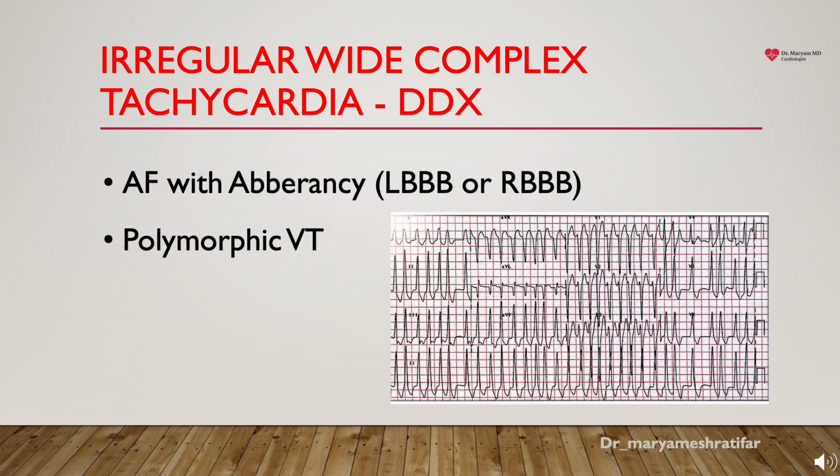This usually occurs in the presence of a bundle branch block, such as left bundle branch block or right bundle branch block. The best way to confirm this diagnosis is to have access to a baseline ECG showing a pre-existing bundle branch block.